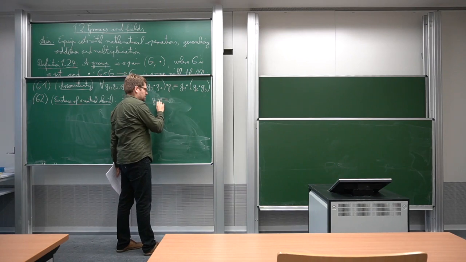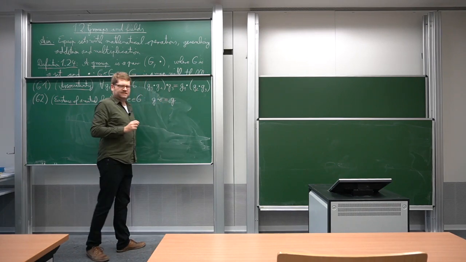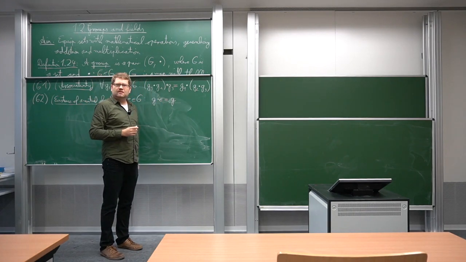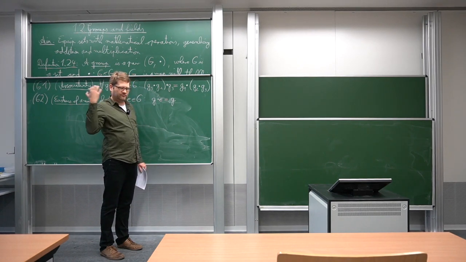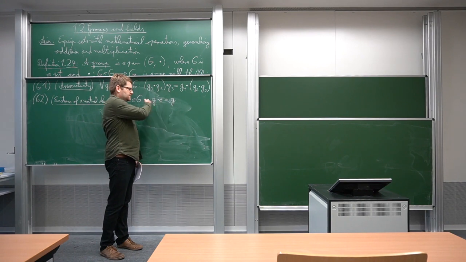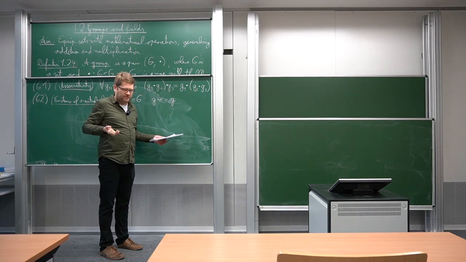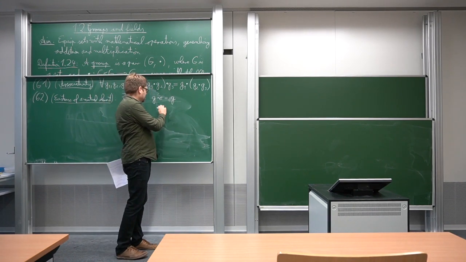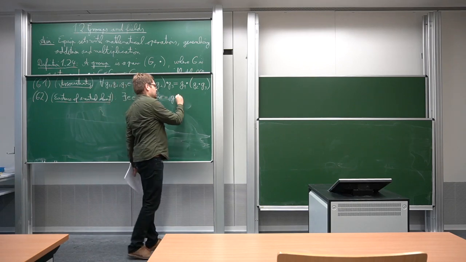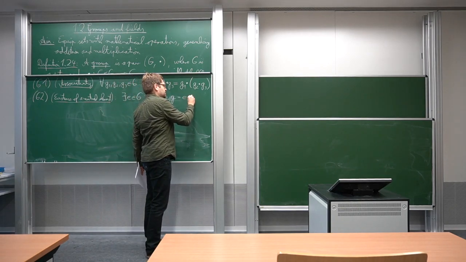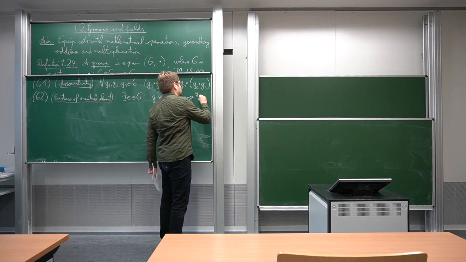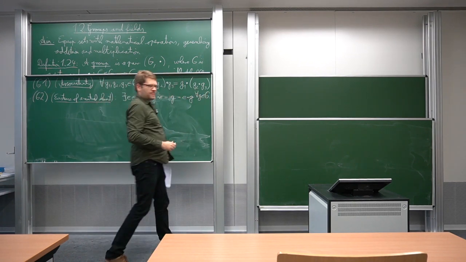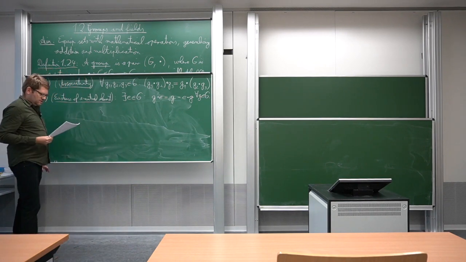So G multiplied with E should be just G itself. And if you think about multiplication, this is what the number 1 does. In the multiplication as we know it from school, 1 is the element with which you multiply things and don't change anything. So we demand that this exists. So G times E should be G, and the same should hold for multiplication from the other side, and we want this to hold for all G in G. Okay, and this E is then what we call a neutral element.